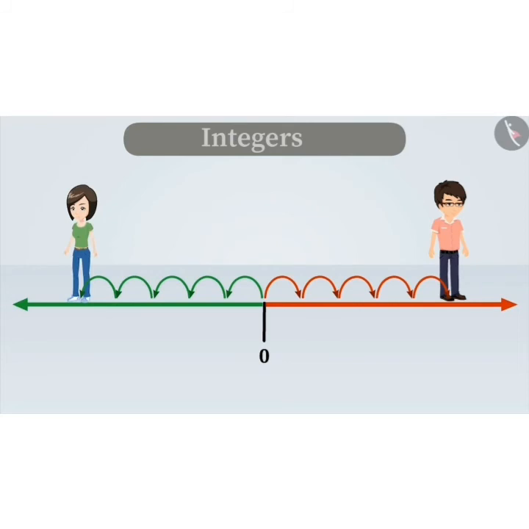How would you represent their distance from the initial point 0? Think about it. You are right. The steps towards the right are shown by a positive sign, and those towards the left are shown with a negative sign. Therefore, Rahul has taken 5 steps and Ruchika has taken minus 5 steps.